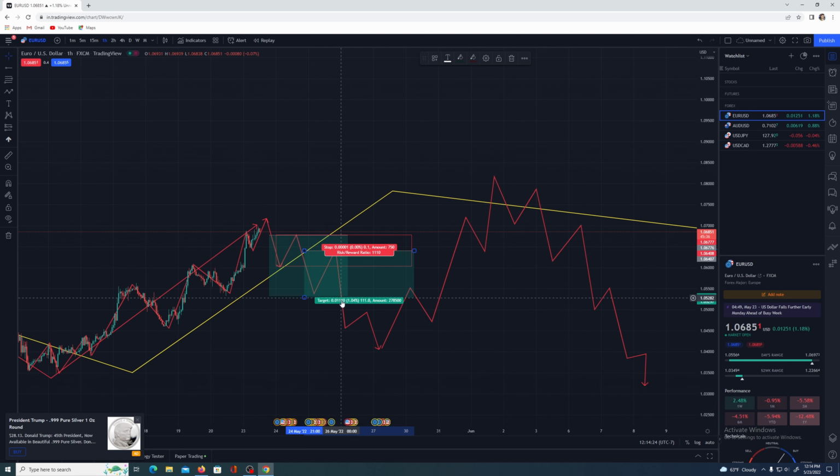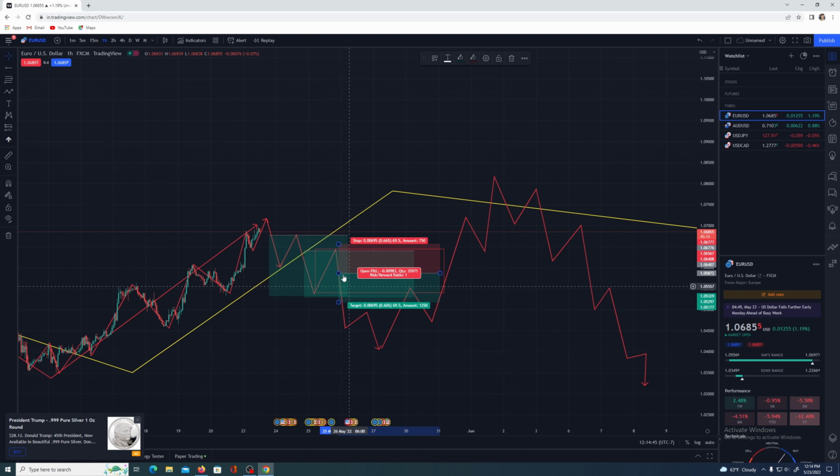But since this already broke structure to the downside, what do we see here? Look, it's the same setup as before. The last move up before the move down. And if our rule is, guess what? 50%. We will be waiting for another 50% entry on this move.